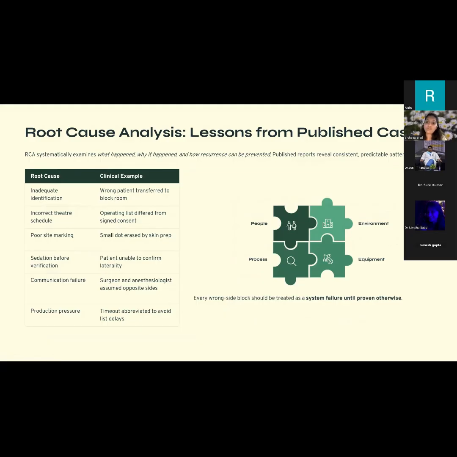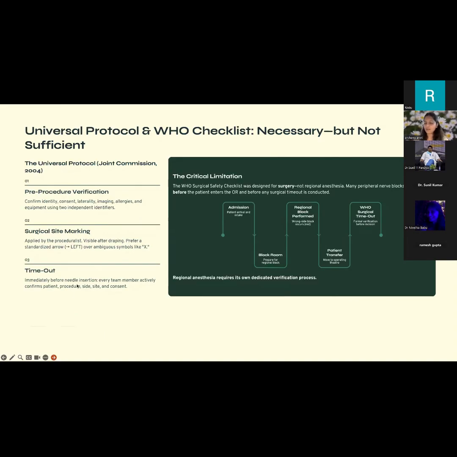It's not just one factor, it's multiple factors: inadequate identification, incorrect schedule posting, poor site marking, sedation, verification, communication failure between persons, doing the procedures, and also time pressure. These are all things that we can try to checklist and recover from.